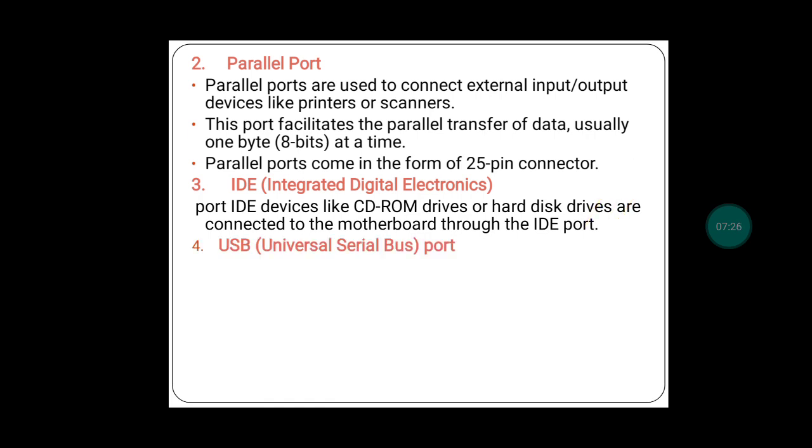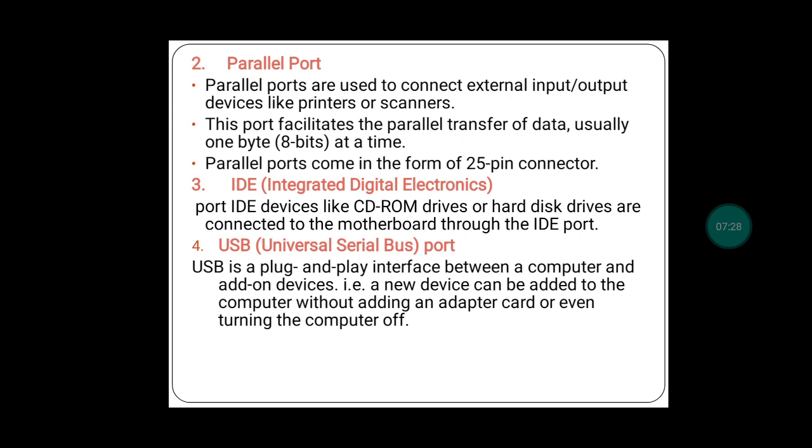So the next port is USB. USB, almost we all are using nowadays, right? USB full form is Universal Serial Bus. This port is called a plug and play interface. It is a plug and play interface between a computer and add-on devices.